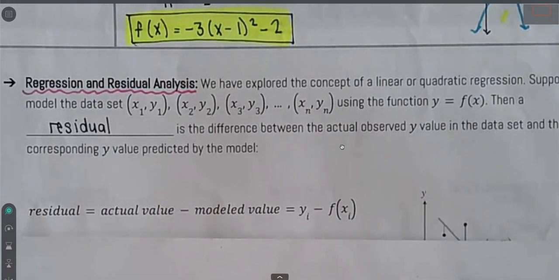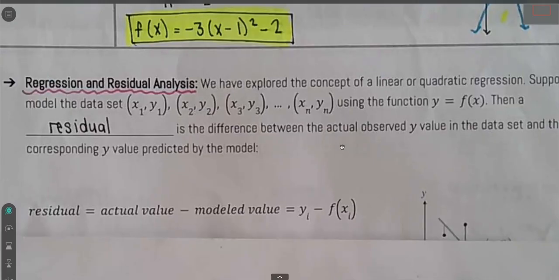So what that means is when we have some data in a chart and you guys create a scatter plot for that, and then you come up with some regression model based on that data. Okay? The equation doesn't always hit all the points. In fact, usually it doesn't hit all the points. So the model value and the actual data point value, there is a difference.